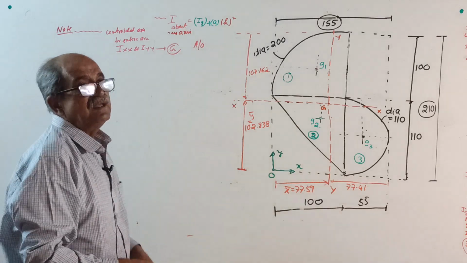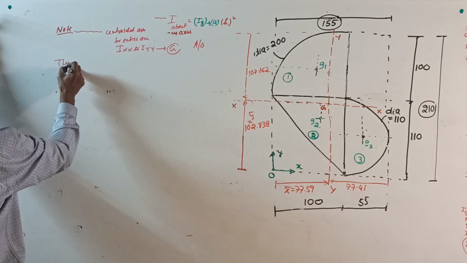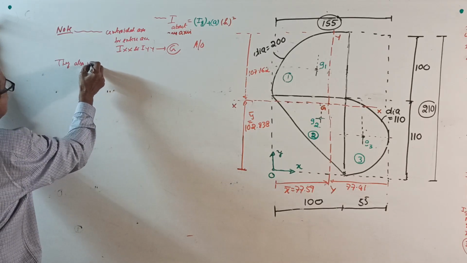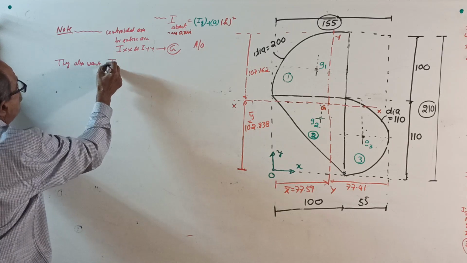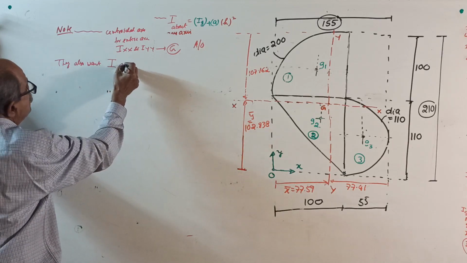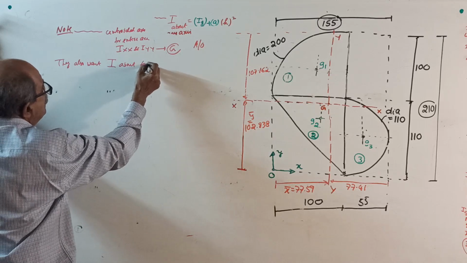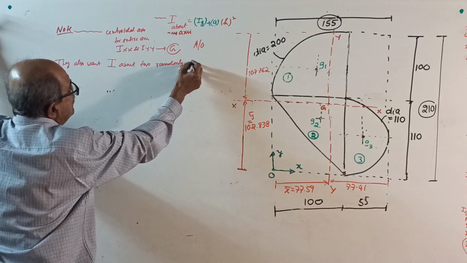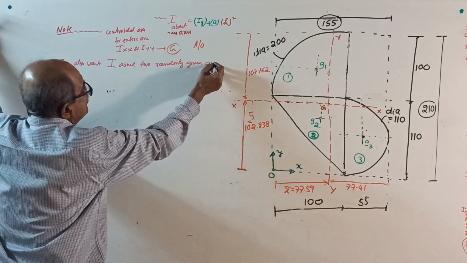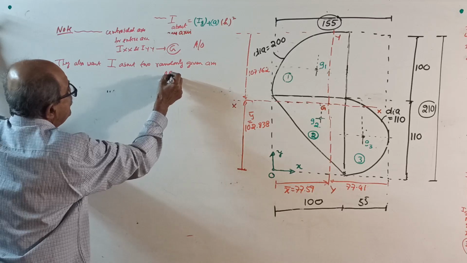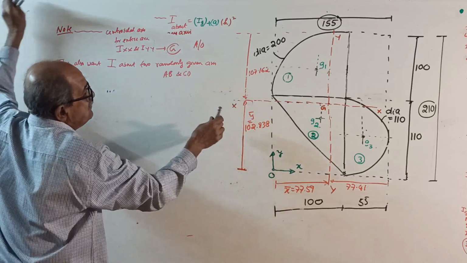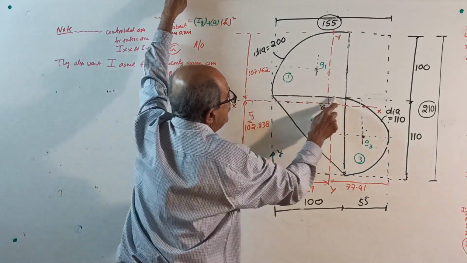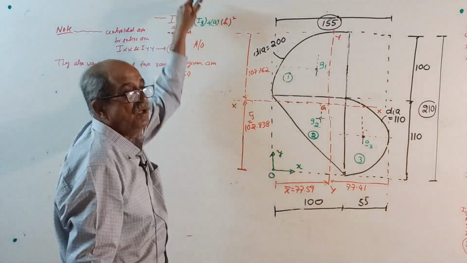Now they also want I about two randomly given axes. They called them AB and CD. This is AB, this is CD.